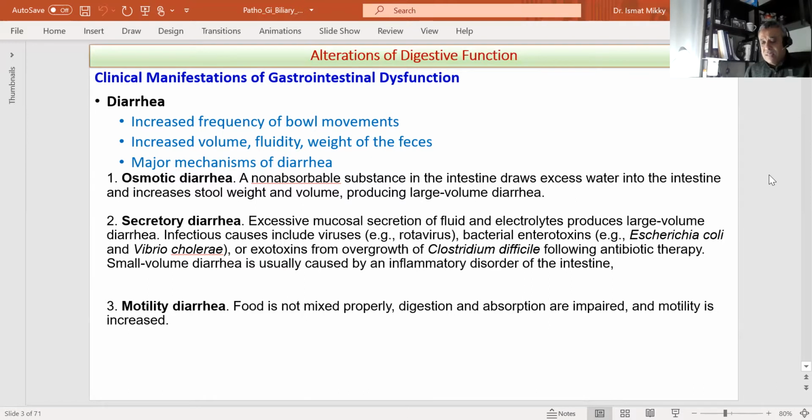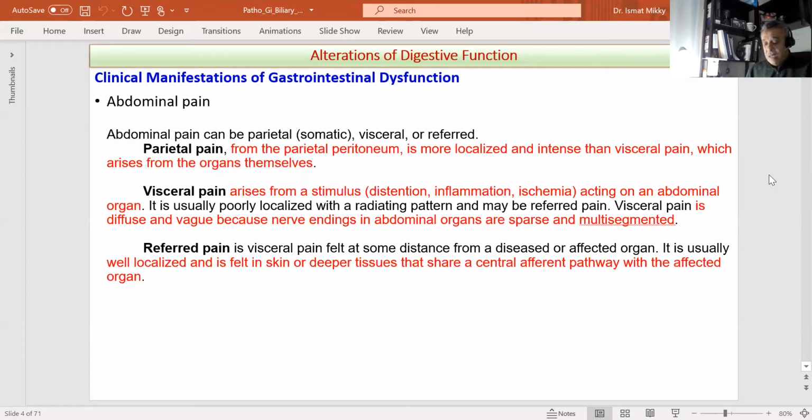There are other causes like diabetic neuropathy and laxative abuse. People who abuse laxatives could develop motility diarrhea.